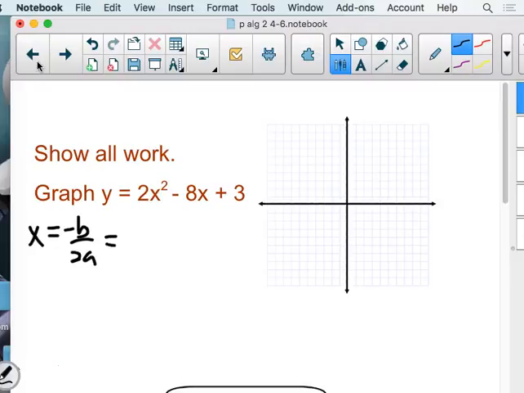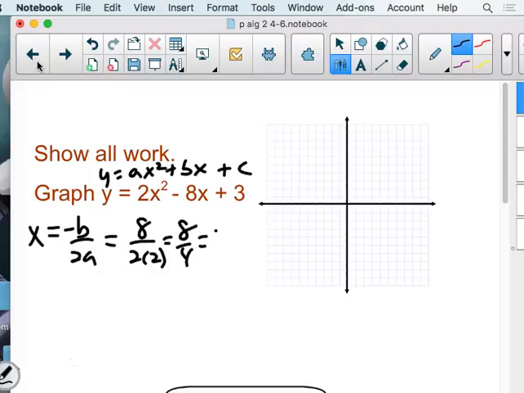So we look at this and say this is y equals ax squared plus bx plus c, just like we were doing a minute ago. And we realize, well, that's going to be the negative of negative 8, which is 8, over 2 times 2, which is 8, divided by 4, which is 2. So 2 something. So I go over here, and I put on my axis of symmetry, and x equals 2.